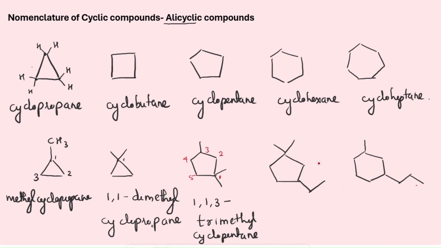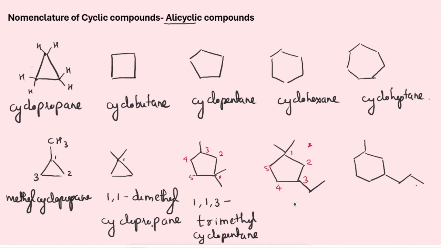Now, this is an interesting example. Whenever we have substituents like methyl and ethyl, we tend to give priority to ethyl due to alphabetical priority. But in this case, there are 2 methyl groups. Therefore, we are using the lowest sum rule. So that's why you have to number from here like this.